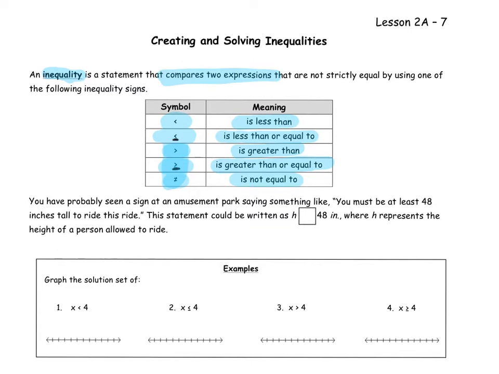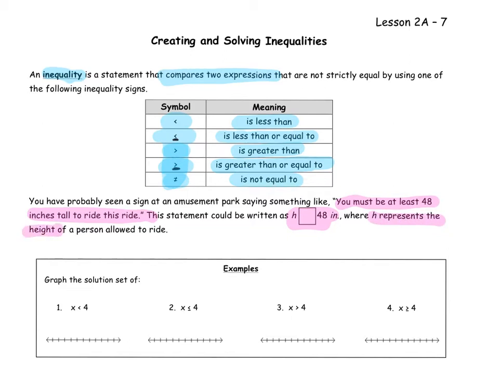And let's take a look at this first example here. You have probably seen at an amusement park something saying along the lines of, you must be at least 48 inches tall to ride this ride. That statement could be written as h blank 48 inches, where h represents the height of the person.